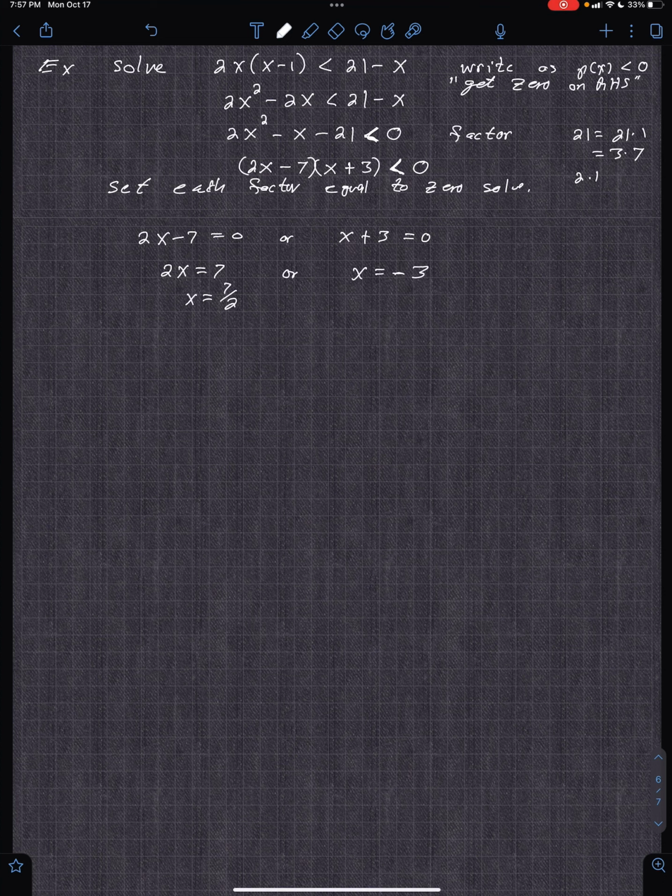All right, so here's the deal. These are called critical values. So the 7 halves and the negative 3 are called critical values.